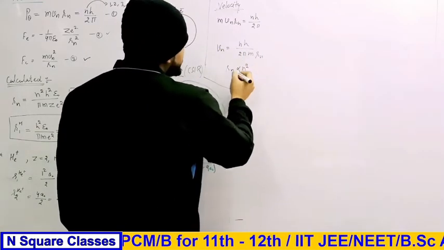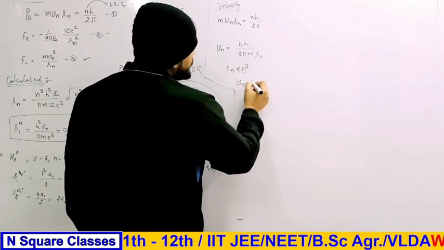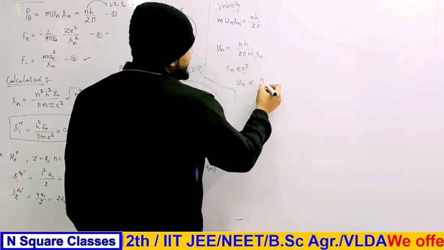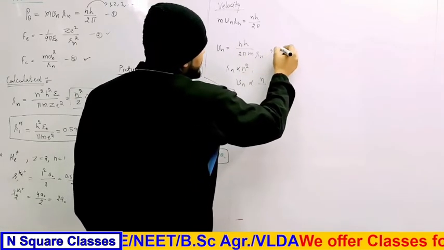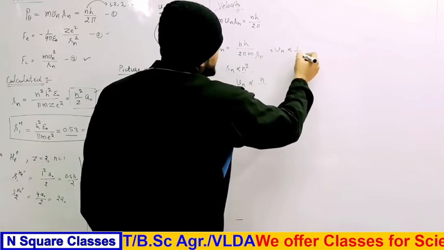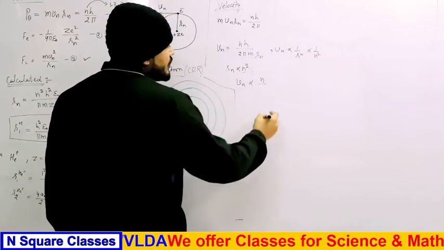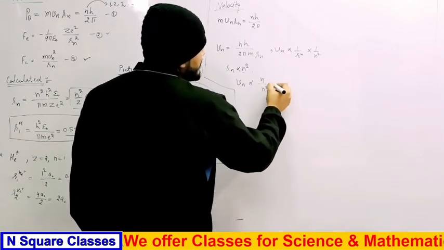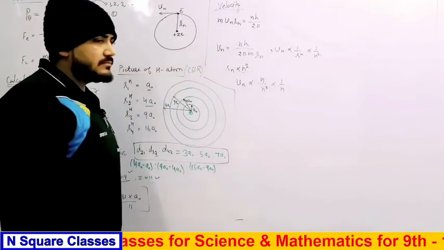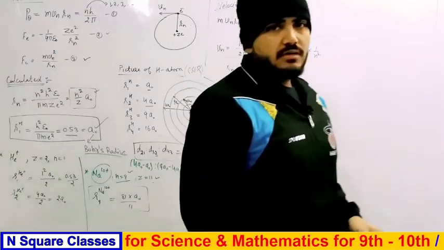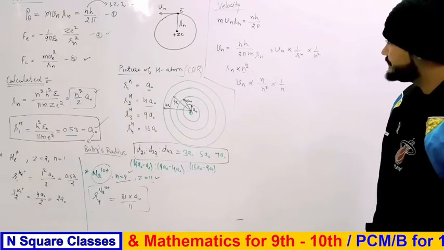Because Rn is proportional to n square, so we can write the result that Vn is proportional to n, and inversely proportional to Rn. It means that it is inversely proportional to n square, so we can write here that this velocity is inversely proportional to n. Is it clear? I hope it is clear that this is a simple formalism, nothing else.